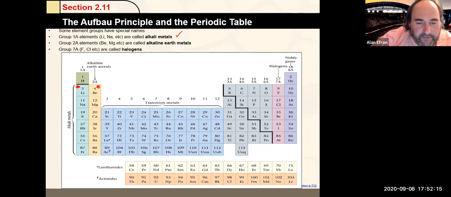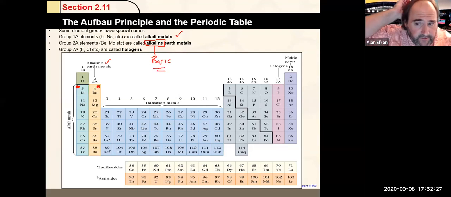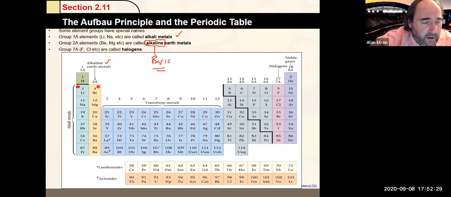When you think about the word alkaline, alkaline pretty much means basic. If you think about the members of group 1 and 2, that's where a lot of strong bases come from. There's things like sodium hydroxide, potassium hydroxide, calcium hydroxide.